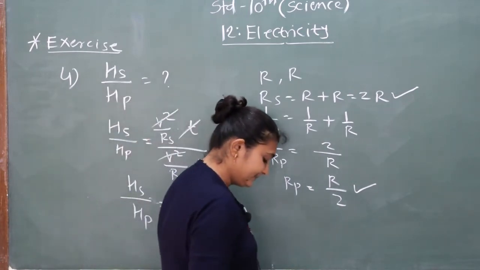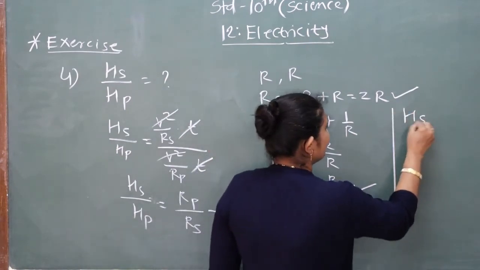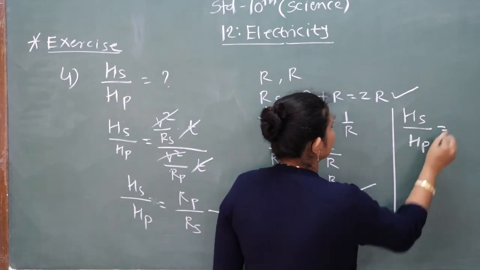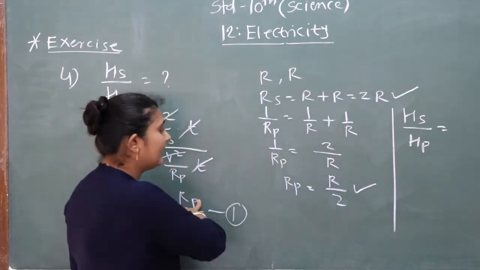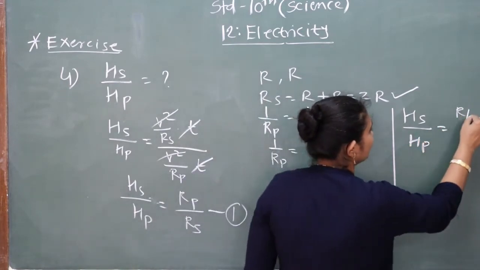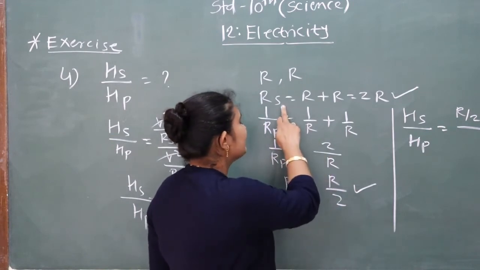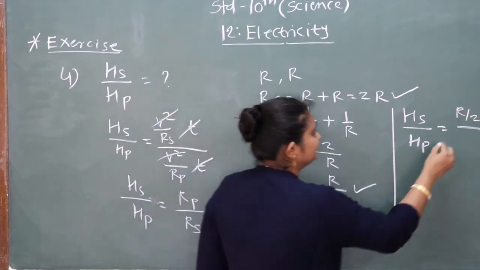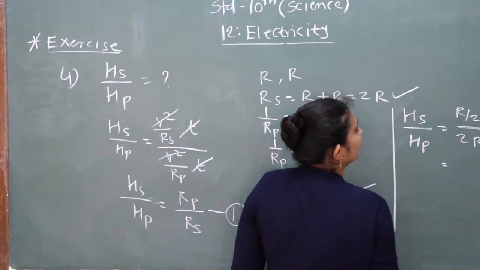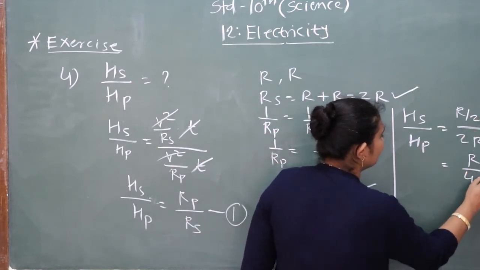What we get, see here, Hs upon Hp is equal to Rp, which is R by 2, upon Rs, which is 2R. Then R upon 2 becomes 4R.